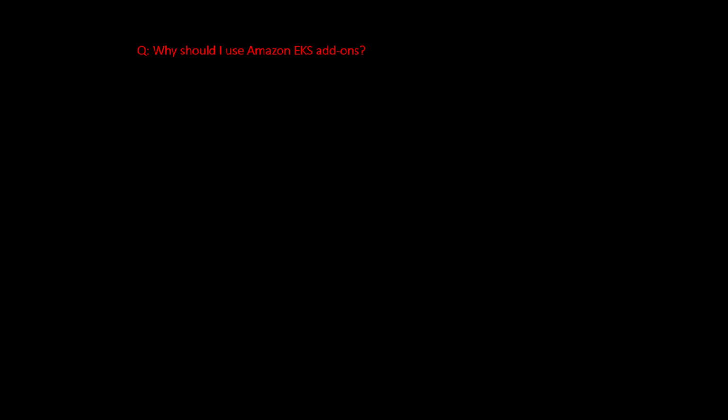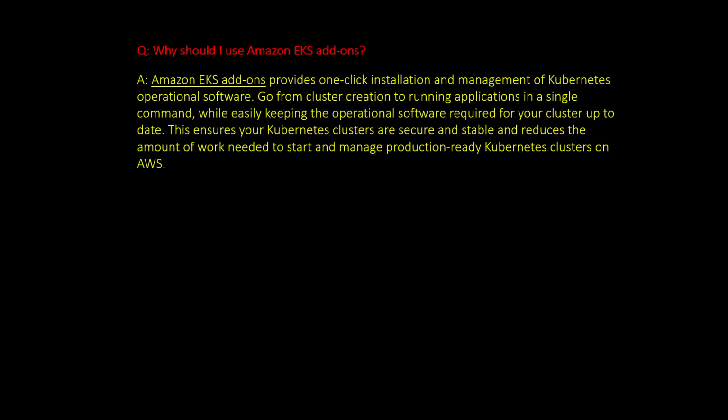Why should I use EKS add-ons? EKS add-ons provide one-click installation and management of Kubernetes operational software. So from cluster creation to running applications in a single command, you can easily keep the operational software required for your cluster up to date. This ensures your Kubernetes clusters are secure and stable and reduces the amount of work needed to start and manage production ready Kubernetes clusters on AWS.